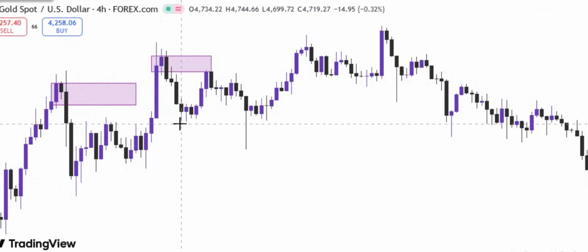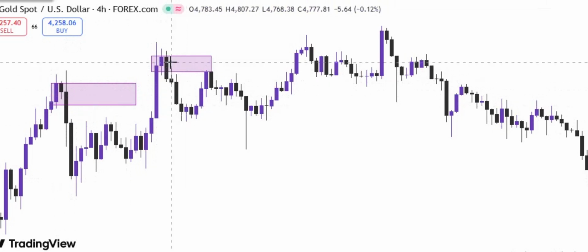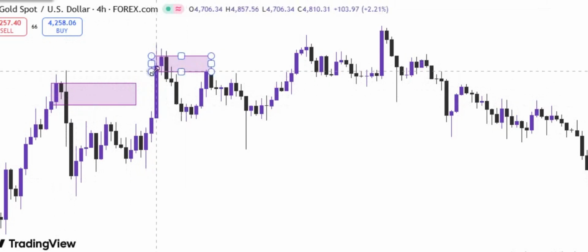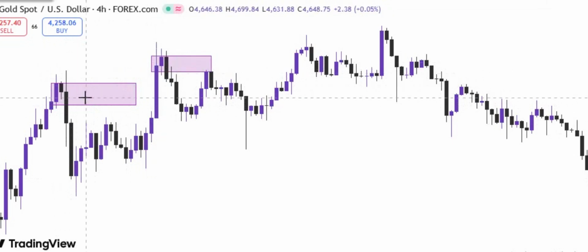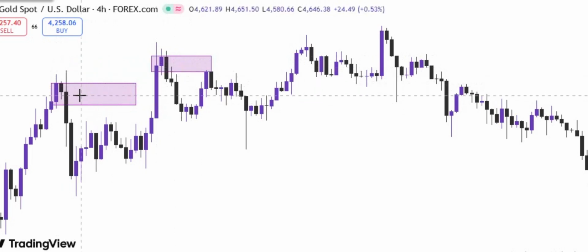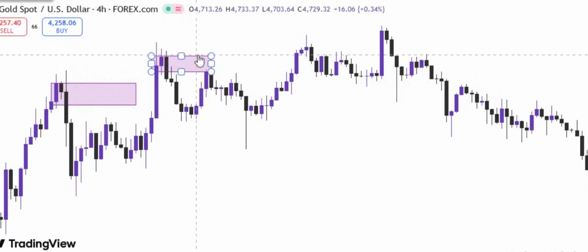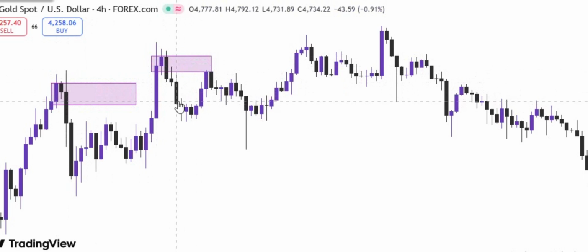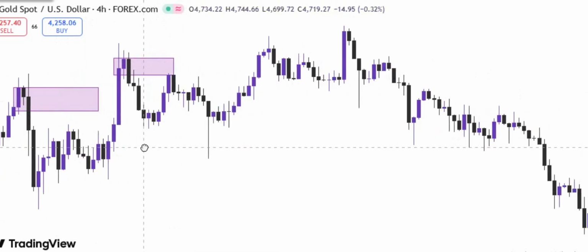But my number 1 criteria to filter my order block is that it must be an engulfing candle, either a bullish engulfing or a bearish engulfing. And from experience, this order block works better than this. This is a high probability order block compared to this. So this is the number 1 filter I use to identify if I should take the order block or not.